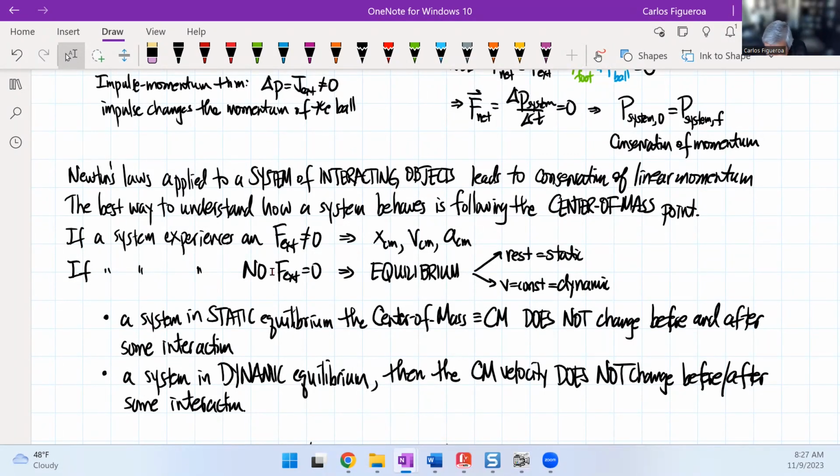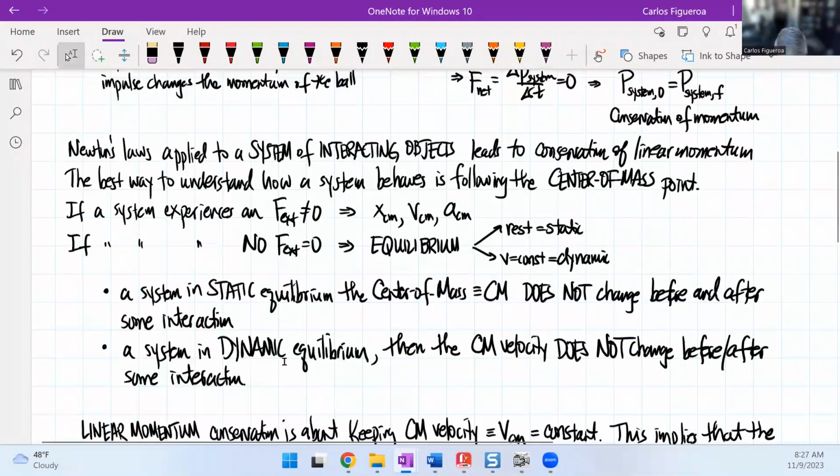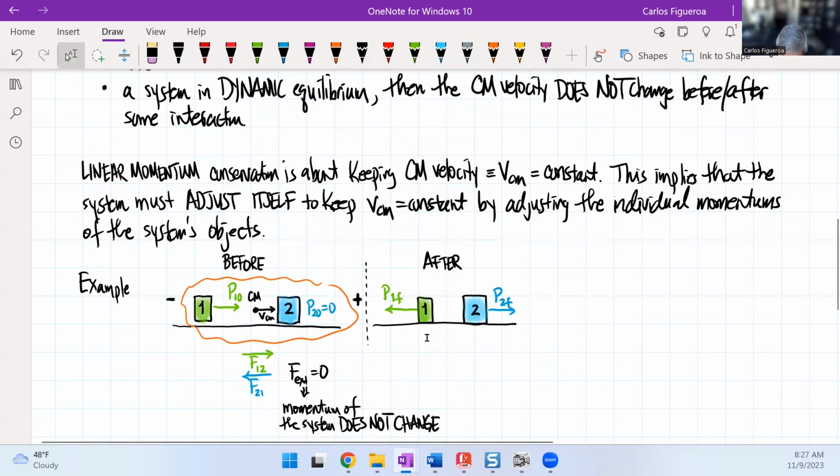But there's two cases. There's static equilibrium, which tells us that the center of mass does not change before and after an interaction. But momentum is about dynamic equilibrium, where the center of mass velocity does not change. So then I tried to set up a picture here to show you that the system must adjust itself to keep the center of mass fixed.